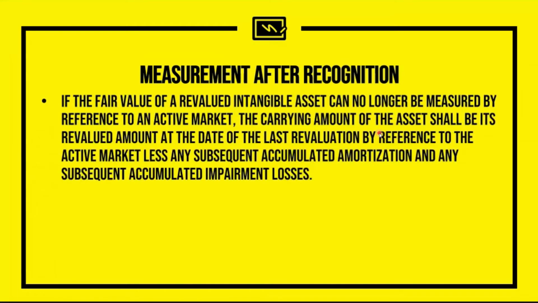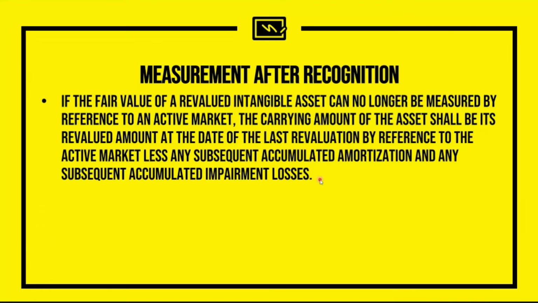Okay? Let's proceed. If the fair value of a revalued intangible asset can no longer be measured by reference to an active market, the carrying amount of the asset shall be its revalued amount at the date of the last revaluation by reference to the active market, less any subsequent accumulated amortization and any subsequent accumulated impairment losses.